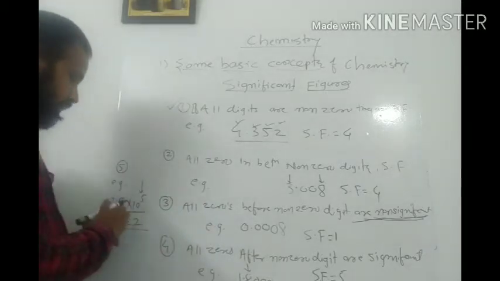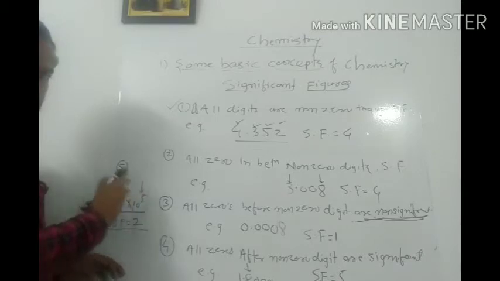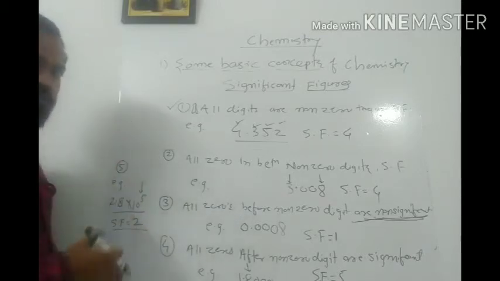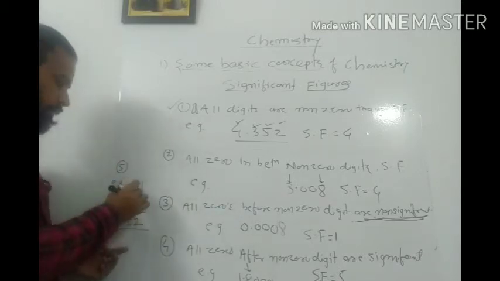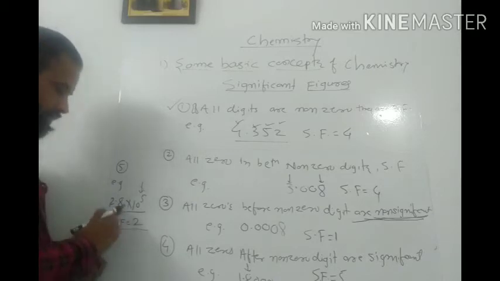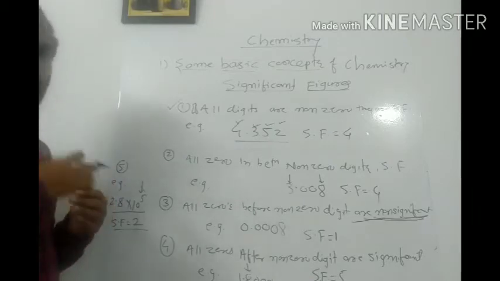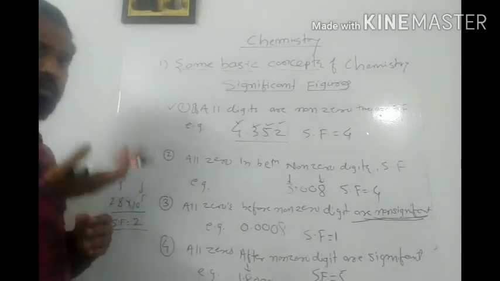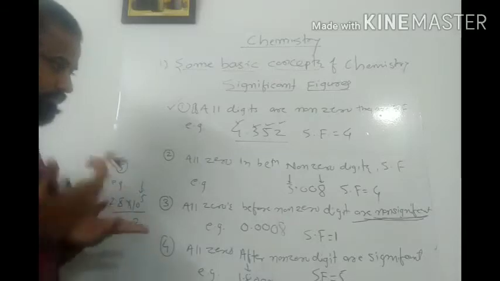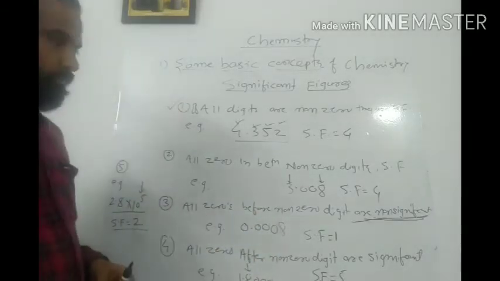In this case 2.8 into 10 raised to 5 is there, so I neglect 10 raised to 5, or whatever it may be in your example, and consider only this term, for which the significant figure count is 2. In this way you can easily calculate significant figures. All certain digits plus one doubtful digit are known as significant figures. Now we will proceed.